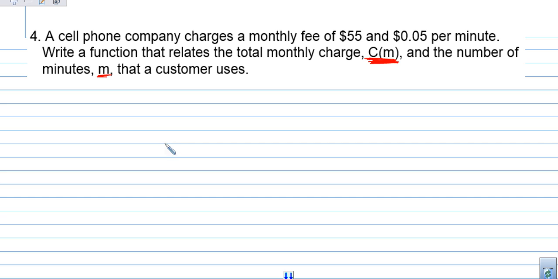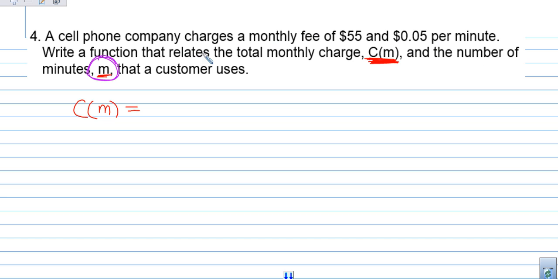Okay, so we know that C of M, if you remember anything, is always the thing that equals something. That's like our Y. So now we look at our other variable. It's M. That's like our X. And it says the number of minutes is M. The number of minutes represents M. Look at the numbers up here.